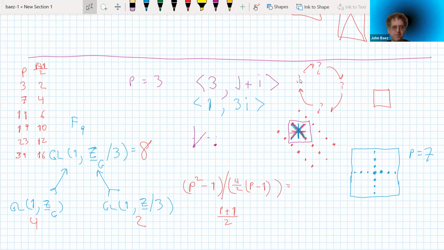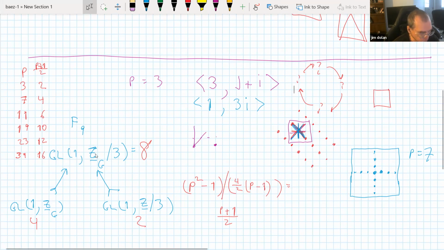So let me mention something that might be interesting. Do you have a comment or question? I have a dumb question. Why do you know they're all in the same orbit? I may have screwed up, but this is the most that I could think of that would act trivially. When we act by one of these other scalars, I think it's almost tautological that it's going to take us from one of these to the other.